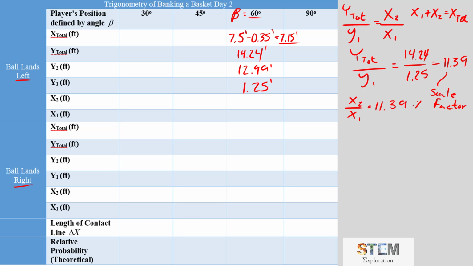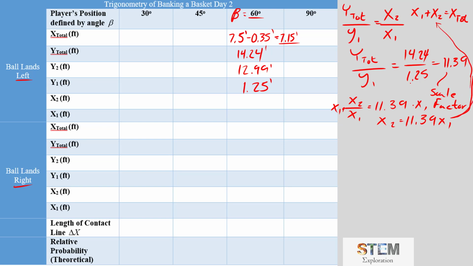We multiply both sides by X1, and we get that X2 is equal to 11.39 X1. Substitute that into our equation up here.